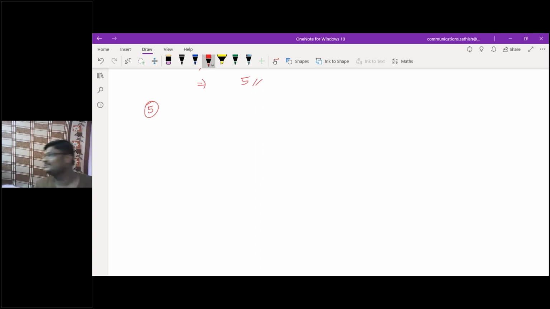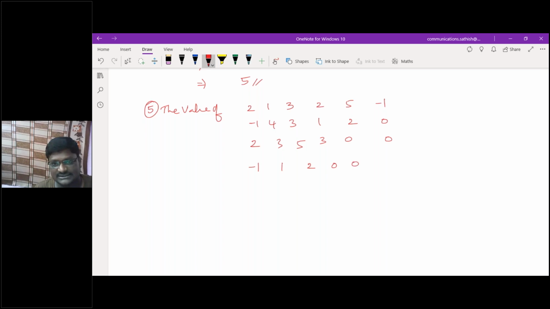The value of the determinant: 2, 1, 3, 2, 5, minus 1, minus 1, 4, 3, 1, 2, 0, 2, 3, 5, 3, 0, 0, minus 1, 1, 2, 0, 0, 0, 1, minus 1, 0, 0, 0, 0, 3, 0, 0, 0, 0, 0.